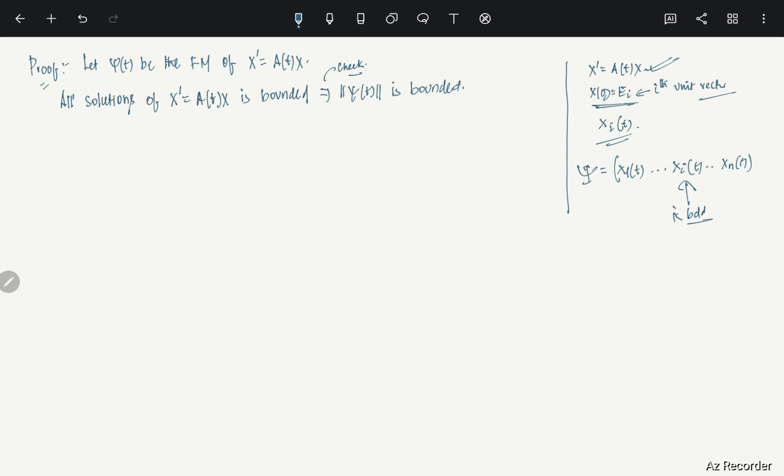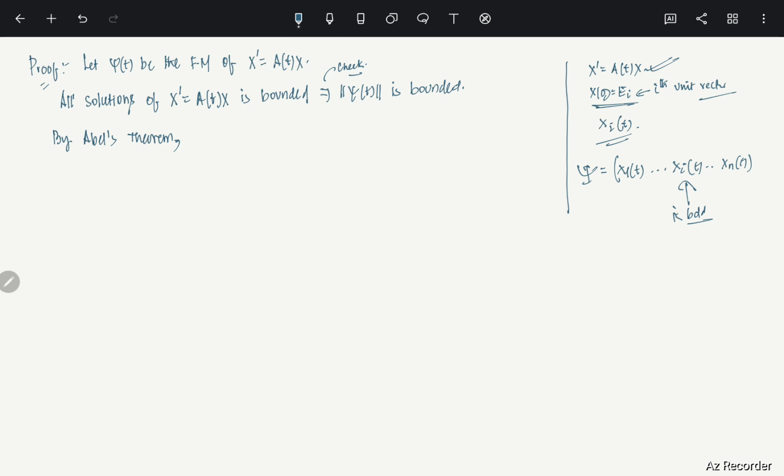Now you remember Abel's theorem, right? We used Abel's theorem to show that if a set of vectors is linearly independent at one point, it has to be linearly independent everywhere. We proved that part. Here also we are going to use Abel's theorem.